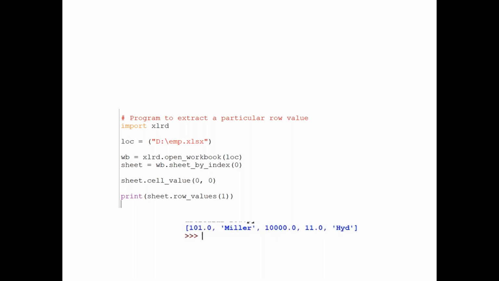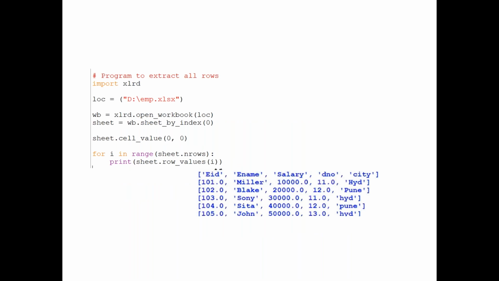Similarly, I want a particular row, not a particular column. For a particular row, the row is going to be constant. Now, no need to depend on cell by cell. Entire row you can call in one stretch using row_values. When you use row_values, the system is going to display the entire row. Now, I want all the rows to be displayed.